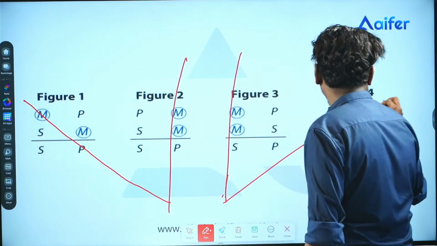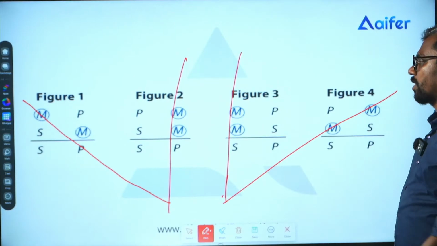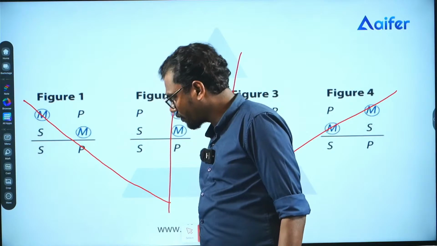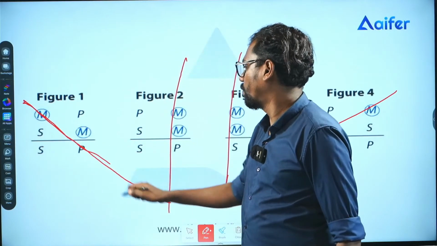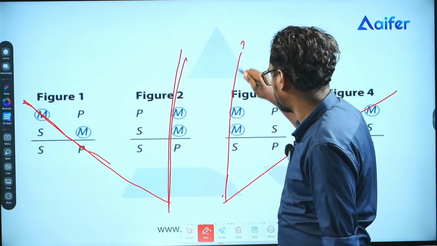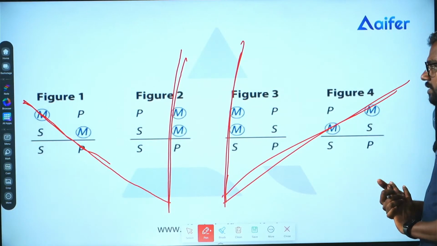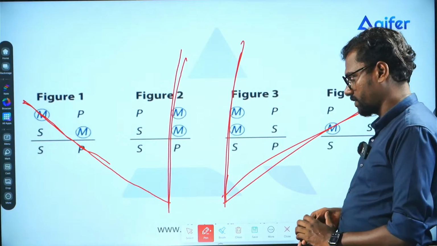It's something like a collar. So we have this as figure 1, this as figure 2, this as figure 3, and this as figure 4.